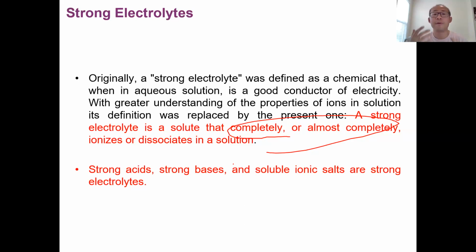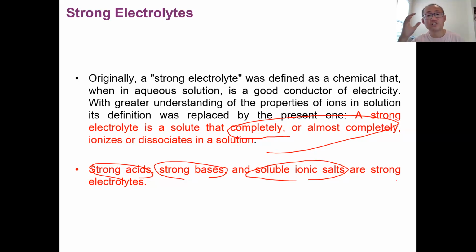Now, what types of compounds completely dissociate or ionize? The ones we study in this chapter are strong acids, strong bases, and soluble salts. We know soluble salts definitely completely dissociate. For strong acids and strong bases, when we studied their strength, we learned what the word strong means: they completely ionize or dissociate. Because of that, strong acids, strong bases, and soluble salts completely dissociate or ionize into free ions, and so they are very good conductors.